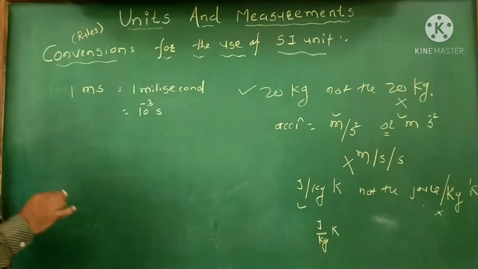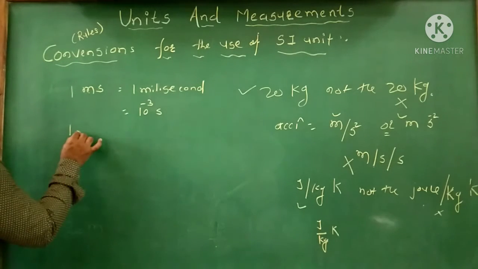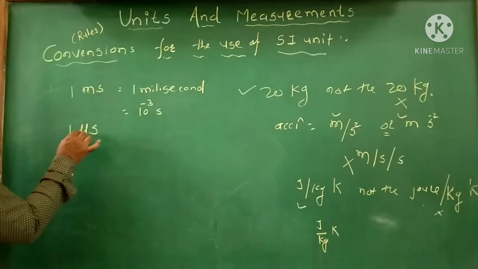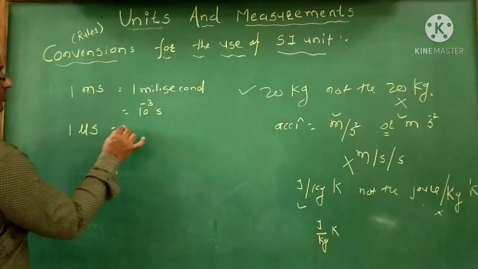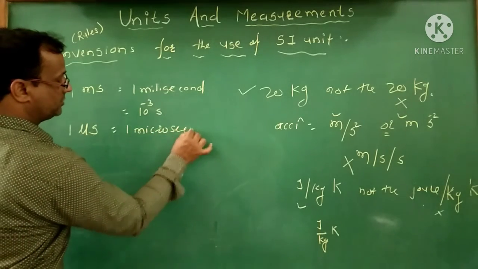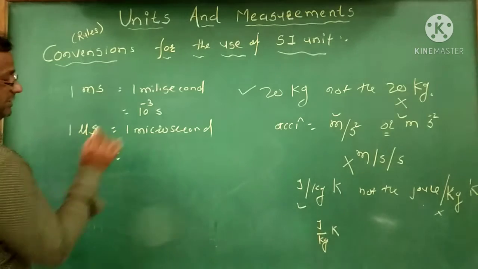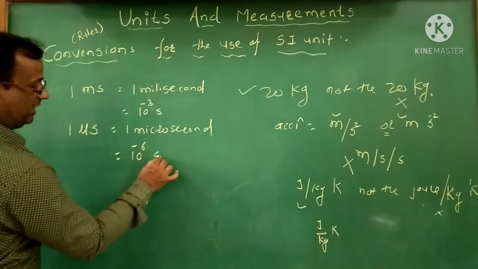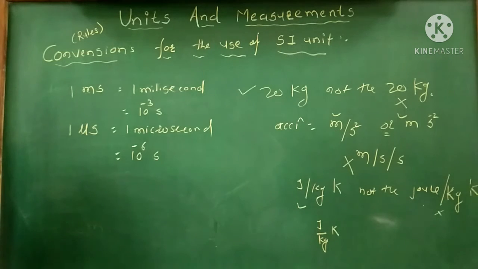Suppose we want to write down 1 microsecond, then we use the mu into the s, that is 1 microsecond. Micro stands for 10 raised to minus 6, and the second is as it is.